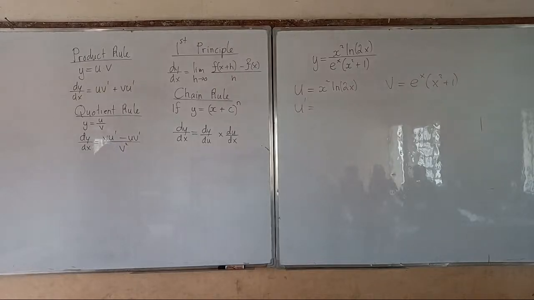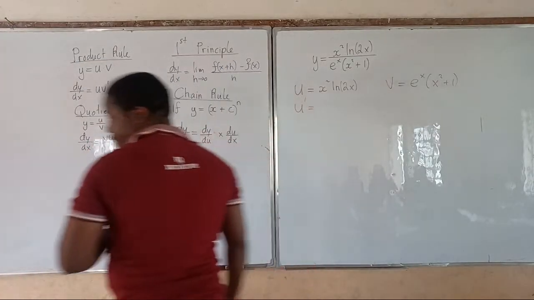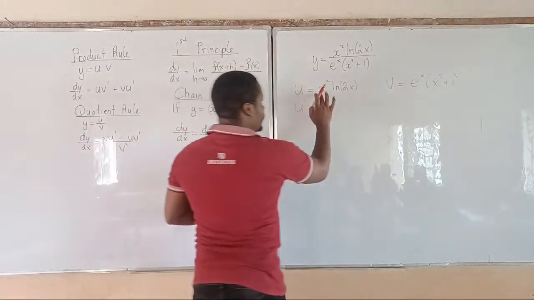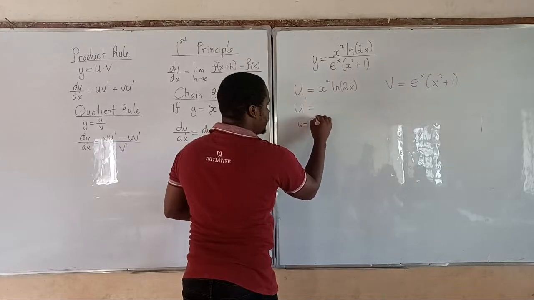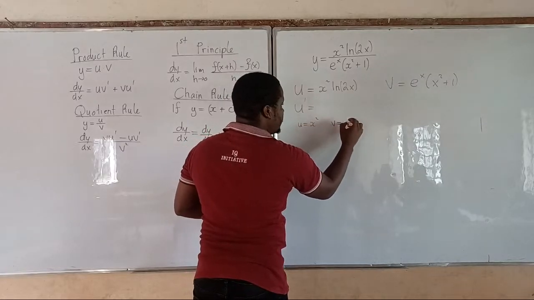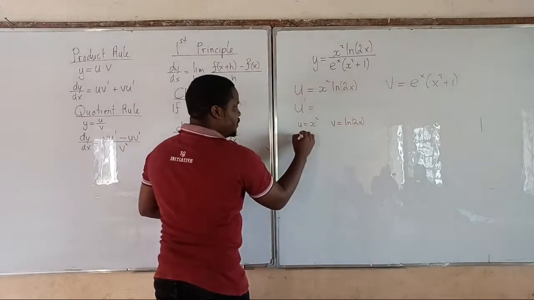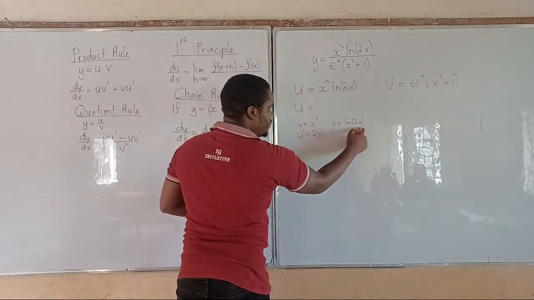So since we need to use the product rule, let's see how we do it here. For the product rule, this part, our u is x squared. Our v is ln 2x. What is the derivative here? U prime, 2x. What's the derivative here?